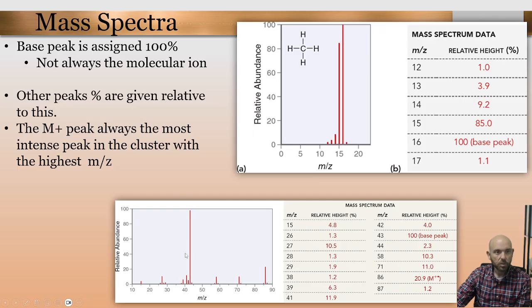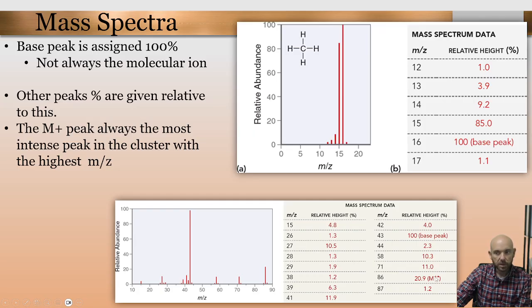So in this example down here, for instance, we've actually got the peaks laid out and labeled for us, with their relative abundance and their mass clearly labeled on each of those peaks. We see the molecular ion peak for this unknown molecule has a mass of 86, and it tells us that that is the molecular ion peak.